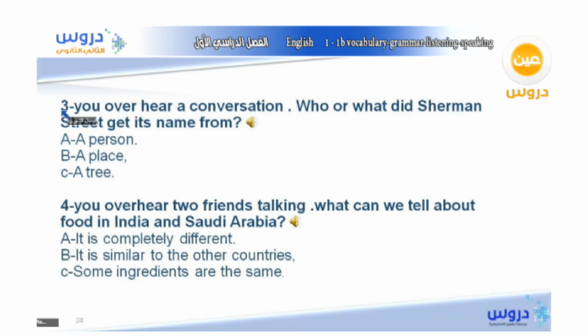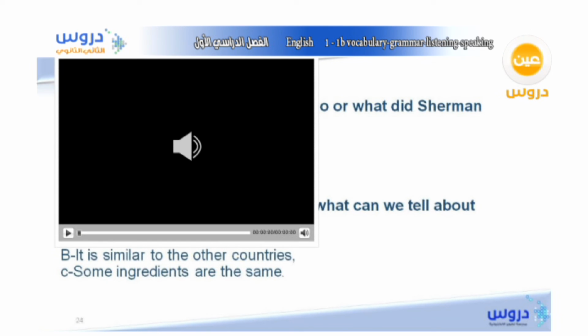Now, just a quick revision. Fill in the blanks with the correct forms. If it ends with E, which is a regular verb, we just add D. If it's not a regular verb, you're absolutely right, well done, we are using the second form.